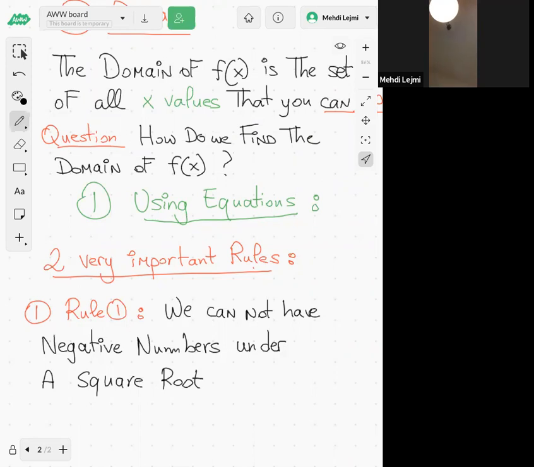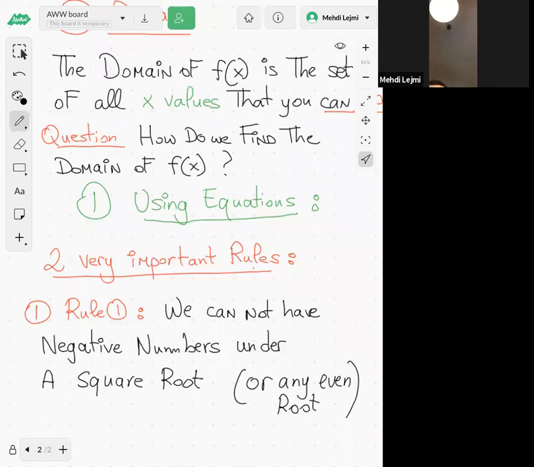Actually, not just a square root, but any even root. What do I mean by even root? Like fourth root or sixth root or eighth root, etc. Whenever I have an even root, you cannot have a negative number under that root. That's the first rule.